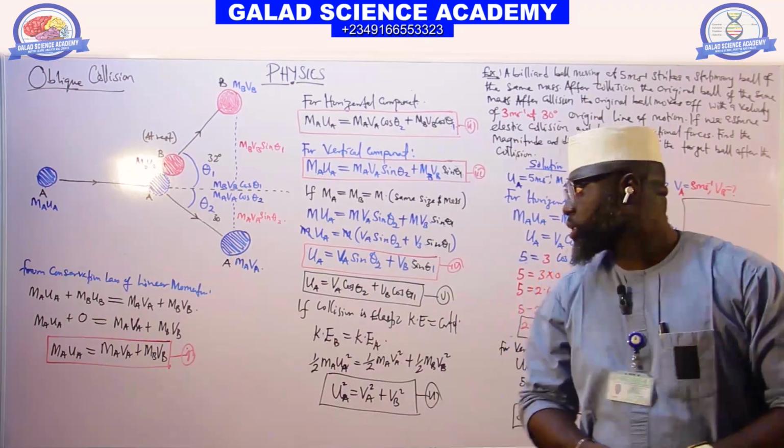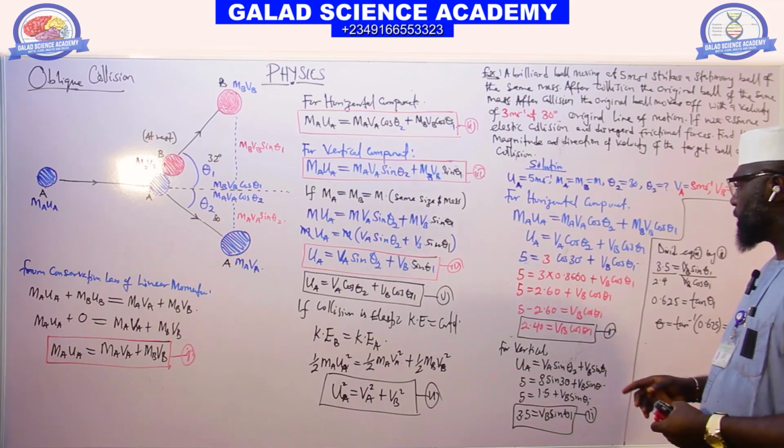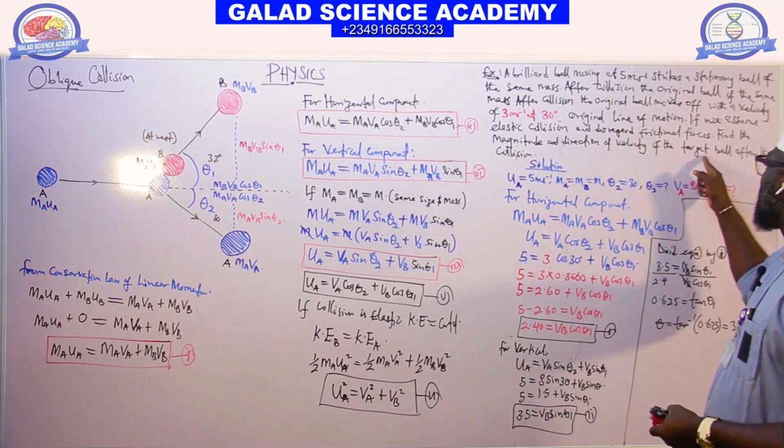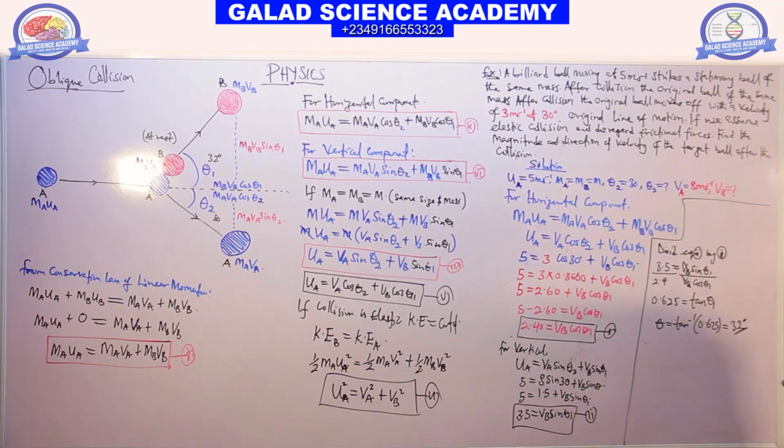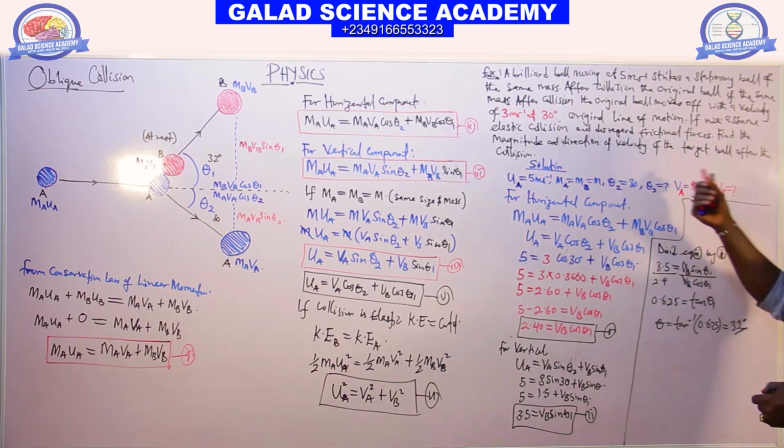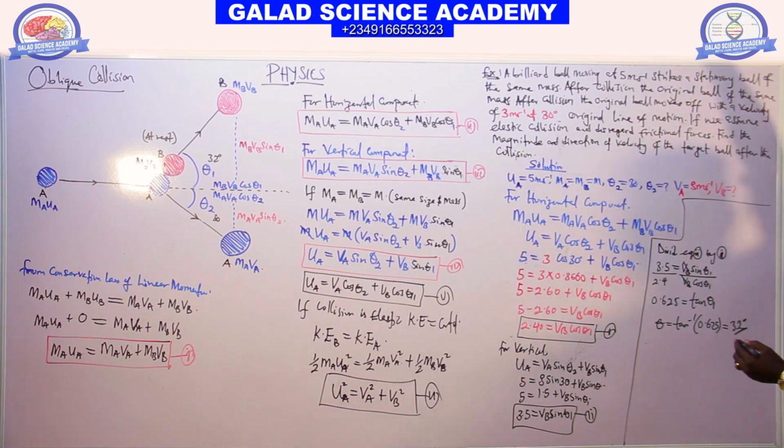So the last one, we are asked to find the magnitude of velocity and the direction, which is theta. It remains the velocity.